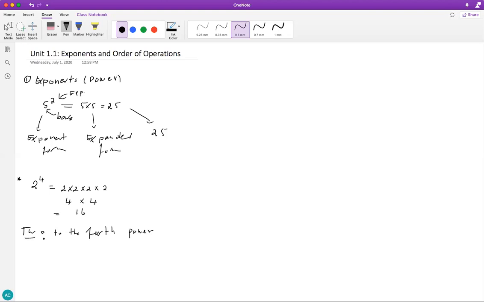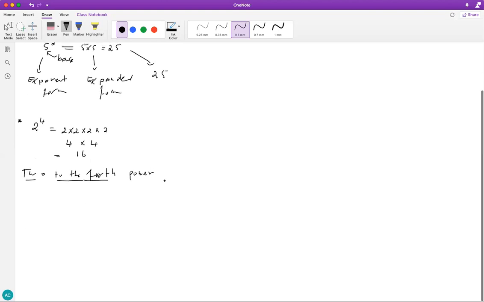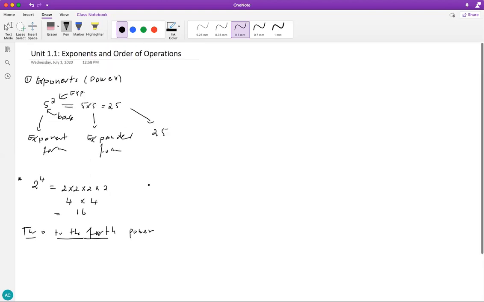Usually we just say 2 to the 4th, or 5 to the 2nd, or 3 to the 7th, and so on. That's basically how you evaluate and simplify exponential expressions.